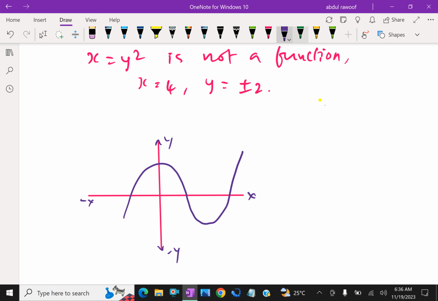Let us check the vertical line test. It is a function, since for a particular x value there is only one y value. For another x value there is one value for y. Therefore, it is a function.